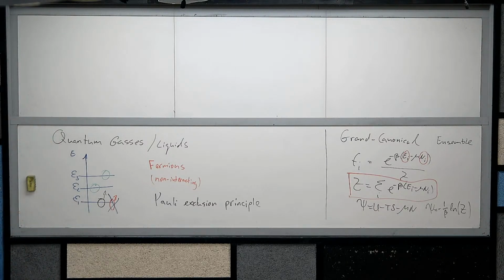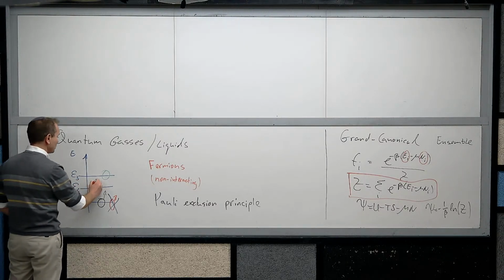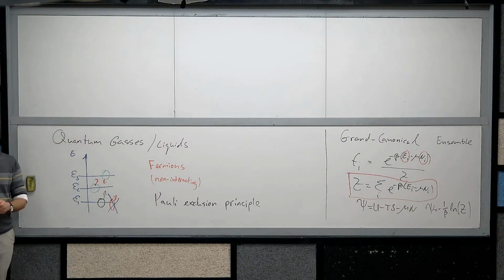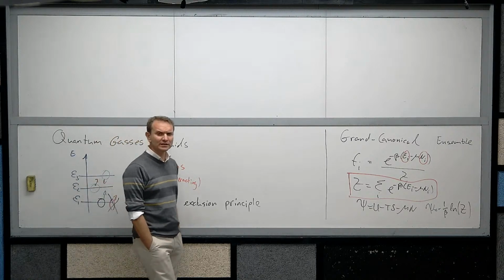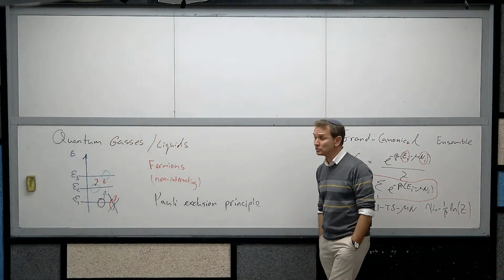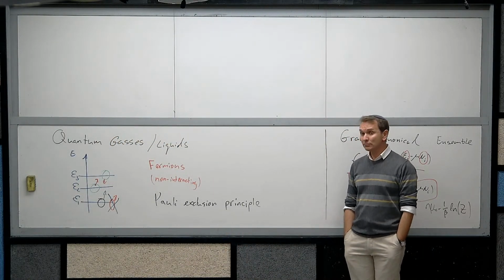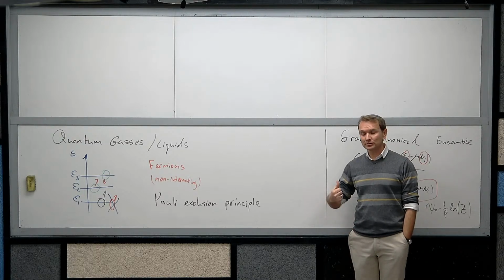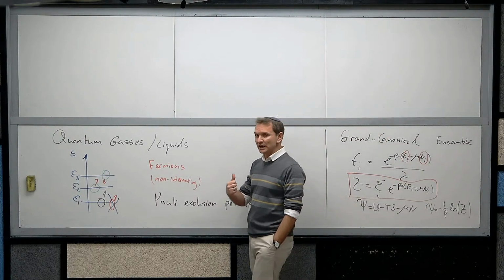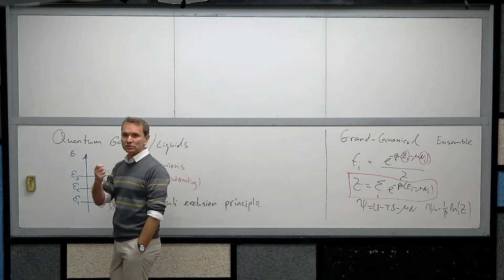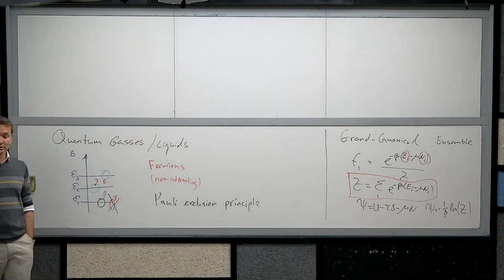Some of them are going to have spin up, some of them are going to have spin down. And the total energy is the energy of the particles. All right, this is good. But the second part is I need all the different particles and their energies to be independent.